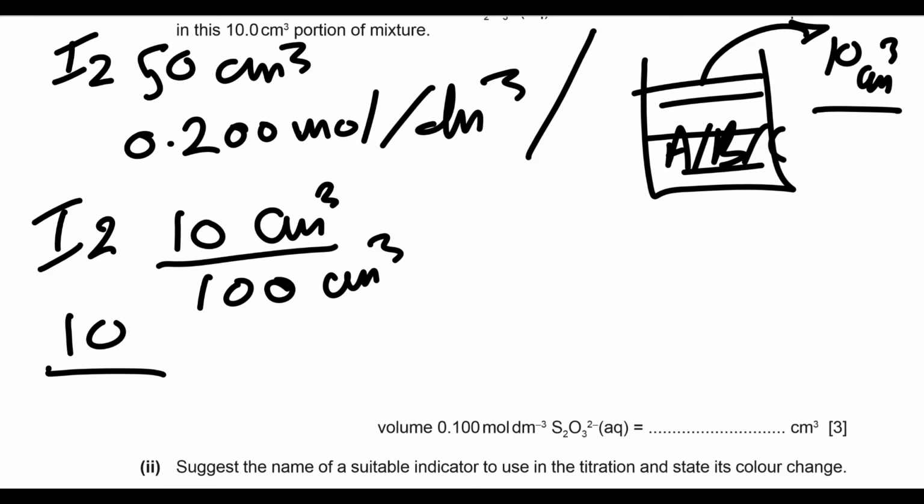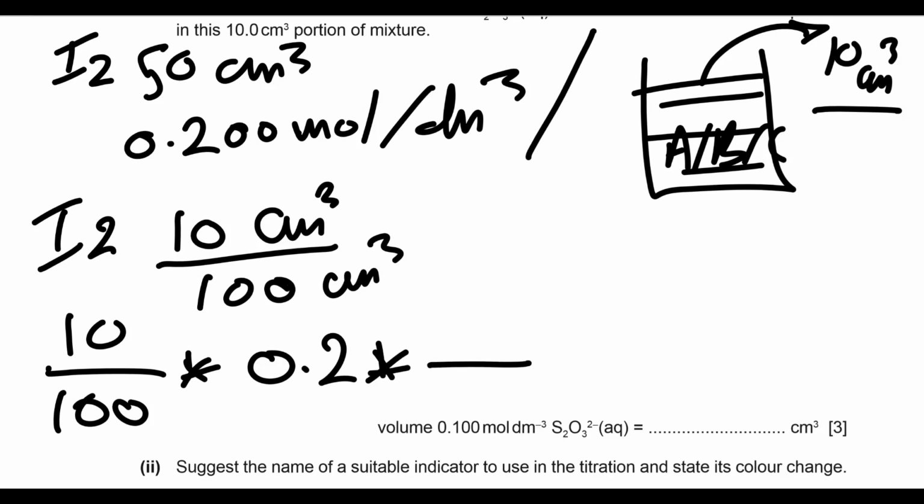You started by mixing 50 cubic centimeters of iodine, 25 cubic centimeters of acid, and 25 cubic centimeters of propanone. So the total volume was 100, times the concentration, 0.2, and this concentration you took from the 50 cubic centimeters. To convert cubic centimeters to cubic decimeters, you need to divide by 1000.